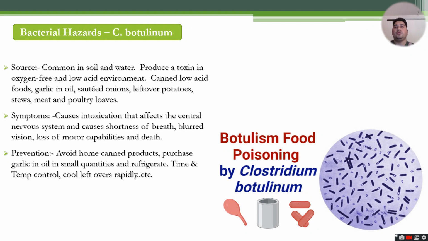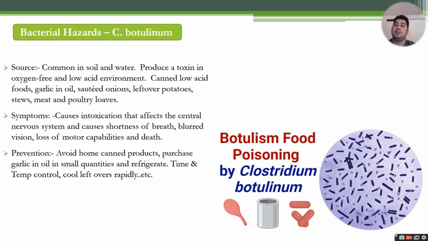What are the symptoms? If you are infected with Clostridium botulinum, you may face an intoxication that affects the central nervous system and causes shortness of breath, blurred vision, loss of motor capabilities, and death.